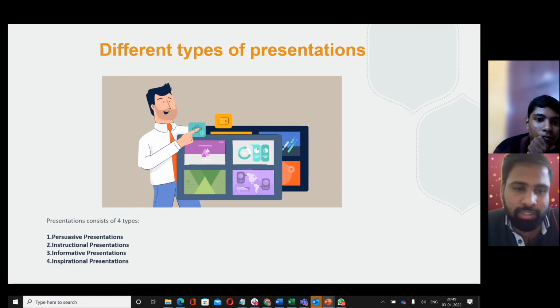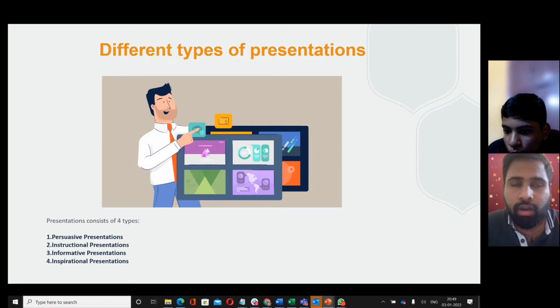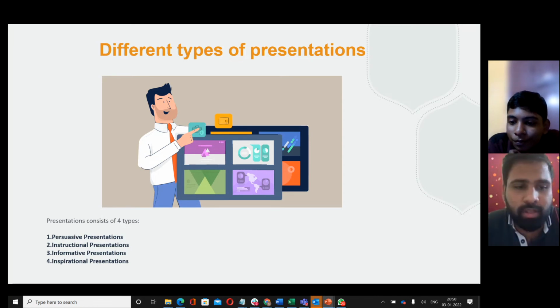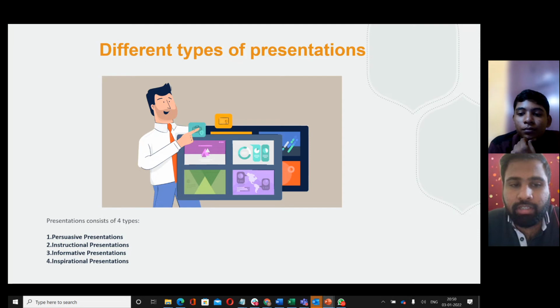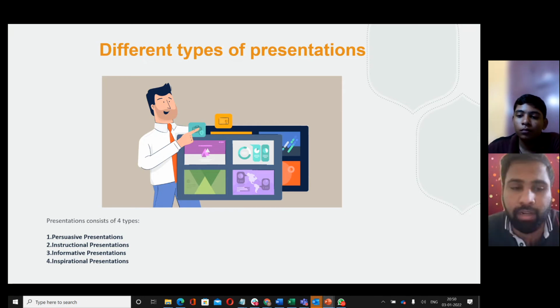So a persuasive presentation is nothing but, I'll give you an example directly. You are an entrepreneur talking to investors. What I was saying is that a persuasive presentation is like this example: you are going to talk to a panel and Niti Aayog, you are going to explain all this to them, tell them why it is important, and persuade them.